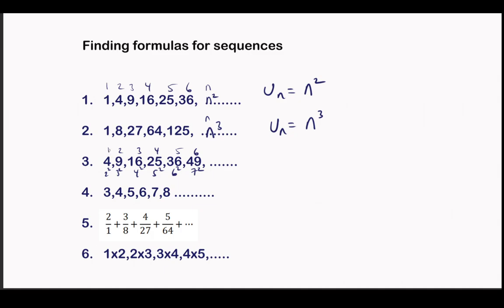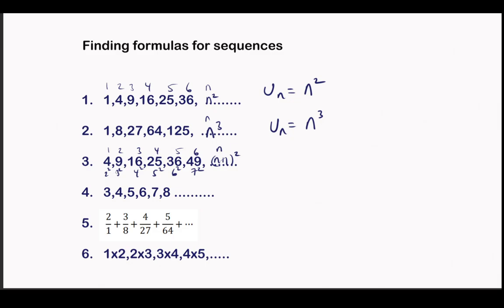So in other words, can you see that I'm always squaring the number that is 1 bigger than the term number? So for example, to get the sixth number, I need to do 7 squared. So the question is, if I want the nth number, I'm going to have to add 1 to it first and then square it. Okay, so it's basically going to be n plus 1 and then square it.